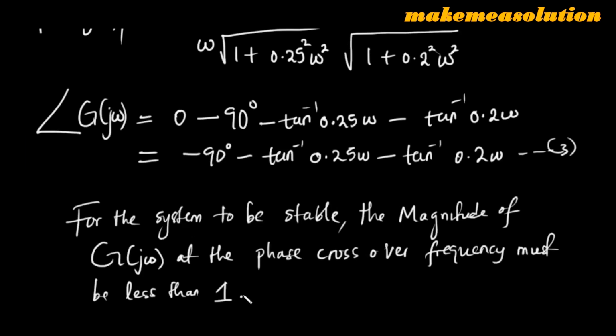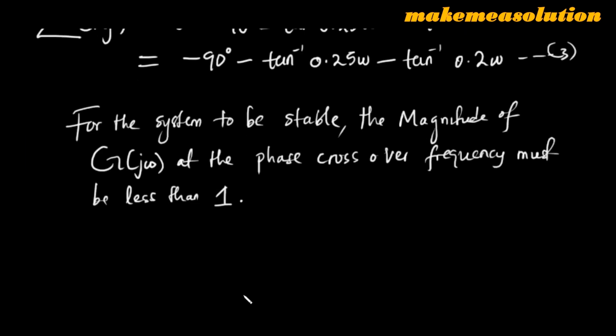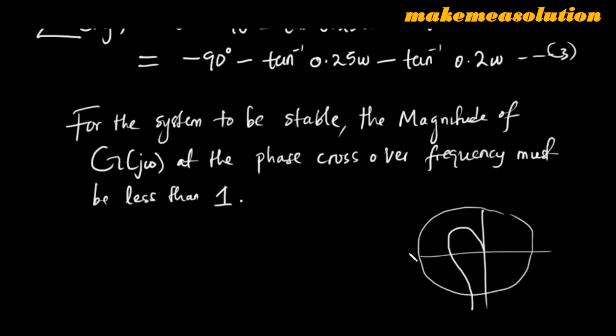So how many of us remember why this statement is like this? If you don't remember why, remember that we drew the Nyquist plot of some random system like this, then we drew the unit circle. We called this particular point minus 1, 0. We called the distance from this point to this one alpha.